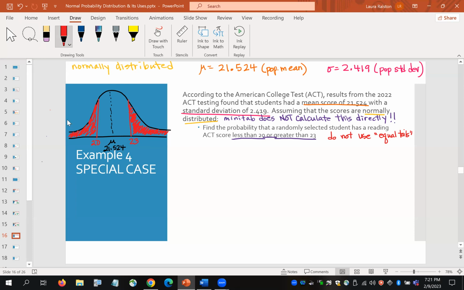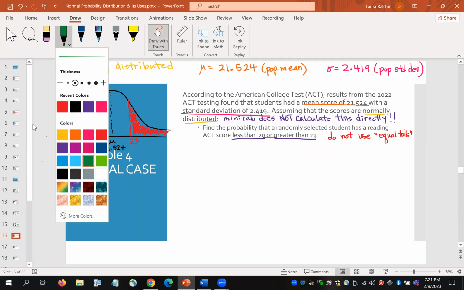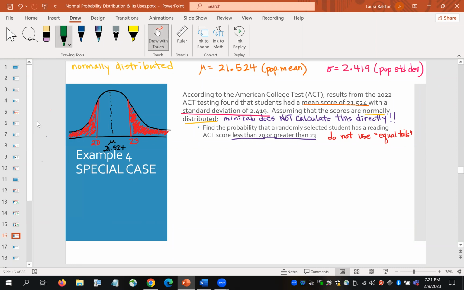Okay, so this picture looks a little different. I want to show you what we're going to do, and then I'll provide a little more explanation. We're actually going to use the middle again, because I can have Minitab calculate this middle that's between, in this case, 20 and 23.